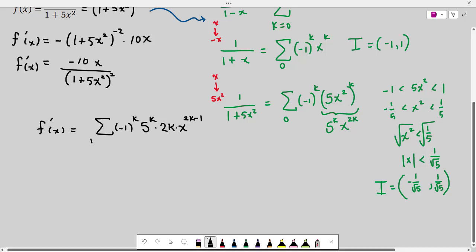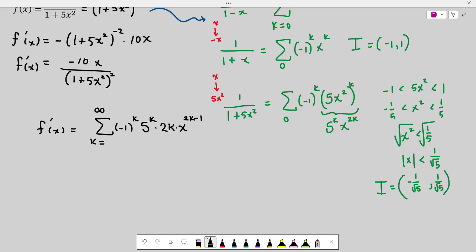This series is going to start, maybe not at 0, because when you take derivatives, you usually lose a term. So let's check. The very first term here, if you plug in k equals 0, that's going to be a constant. The derivative of that's going to be 0.